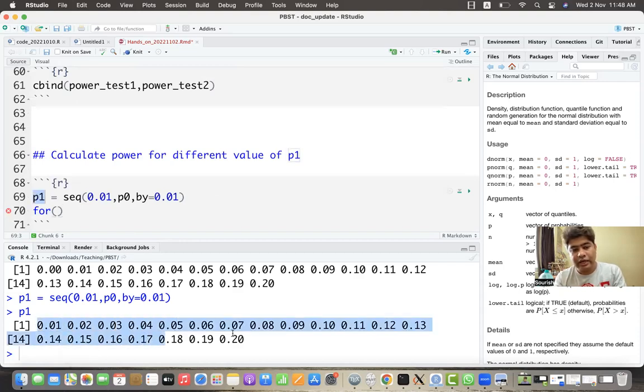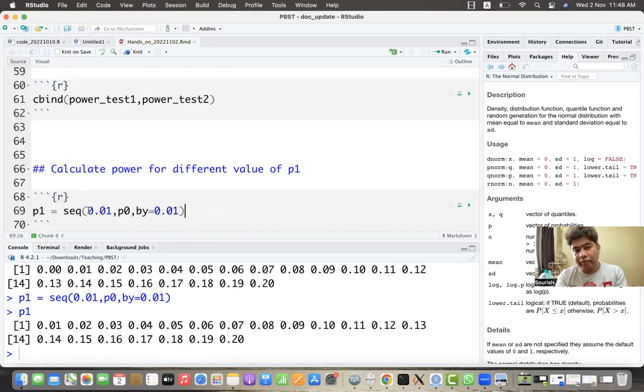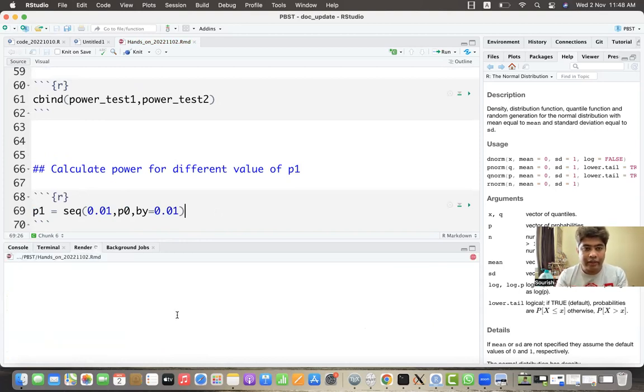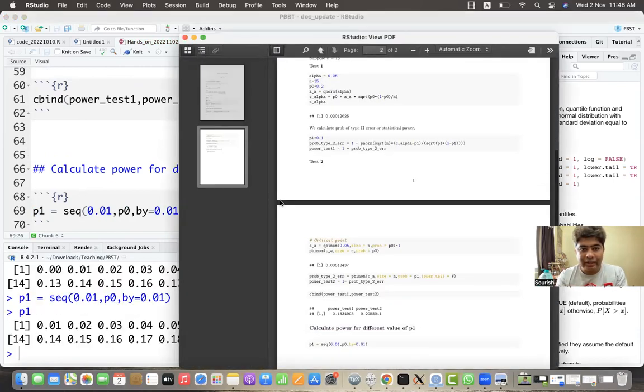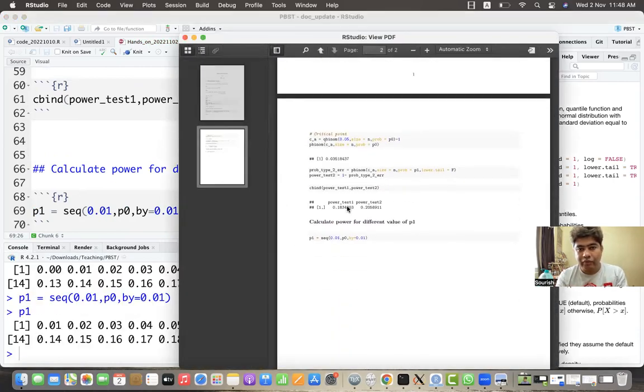Once you calculate the P1s, you can write a for loop, and in each loop you calculate the power for different values of P1 and append them, creating a table in which one column will have all the power of test 1, another column will have all the power of test 2. Then for different values of P1 you just do an R line plot, to see how the power behaves for different values of P1.